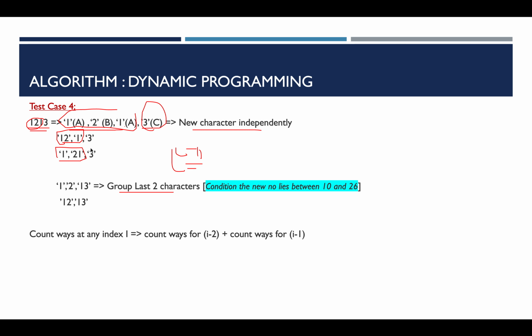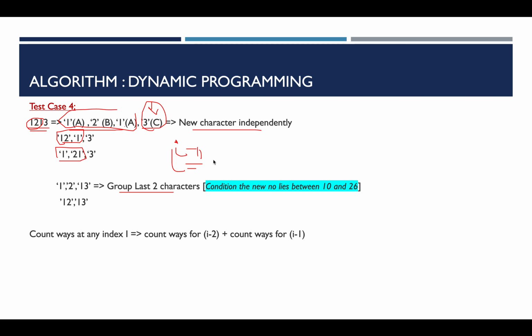So overall you saw that when you treat the last character as an independent character, you can get the answer from the previous computation done at the i minus 1 position. This will contribute to the first part of the answer.